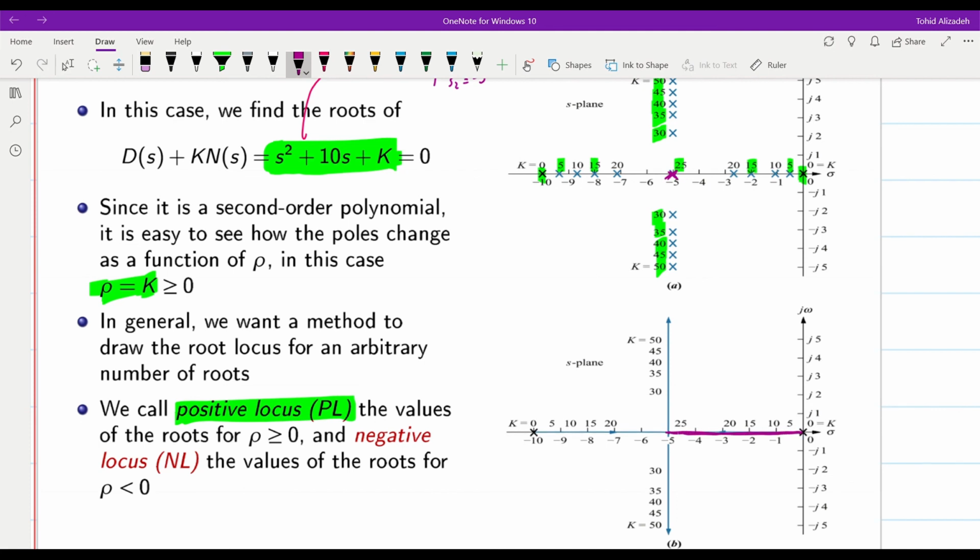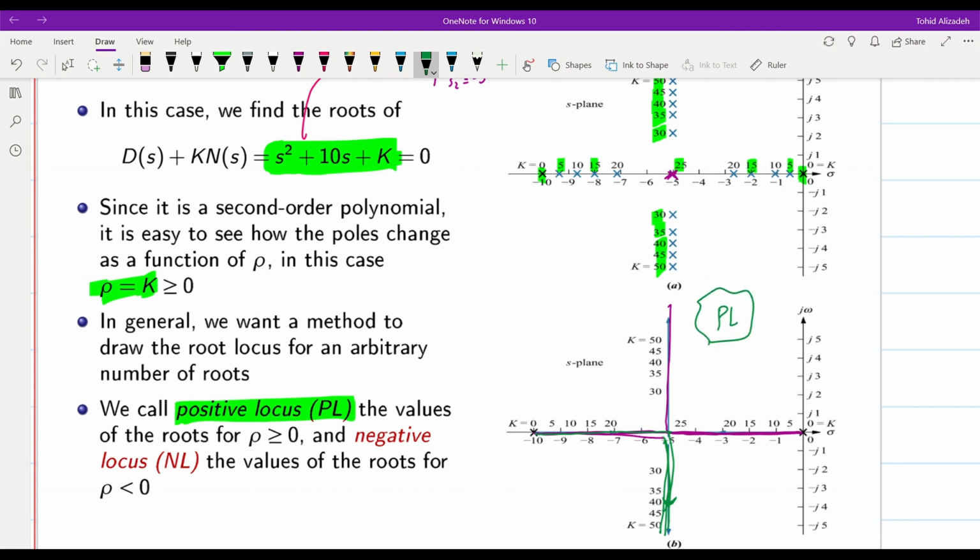It will move towards minus 5 on the real axis, and then it will go towards some complex values. And for the other one, it will start from minus 10. It will move towards minus 5 as well, and then it will move towards complex values downwards. This is what we get for the positive values of k or rho.